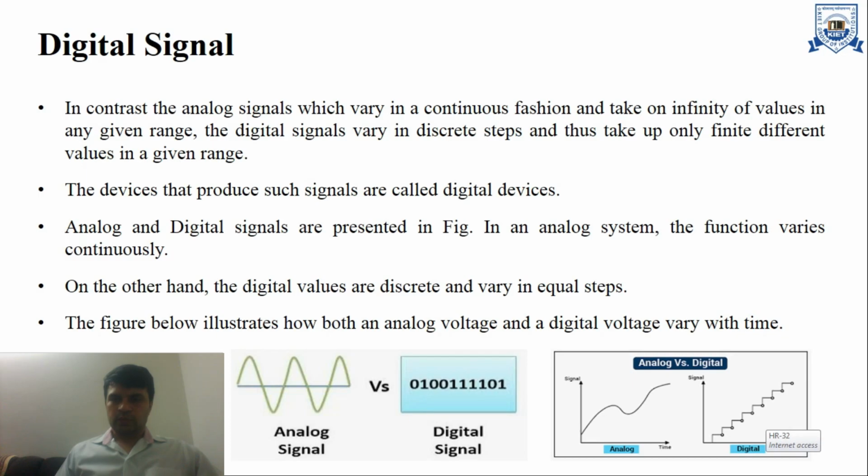Okay, and when you hear this voice from your laptop, then your laptop has digital signals and it also has a D to A converter which converts this digital signal into an analog signal, and you can hear my voice. On the other hand, the digital values are discrete and vary in equal steps. The figure below illustrates how both analog voltage and digital voltage vary with time.